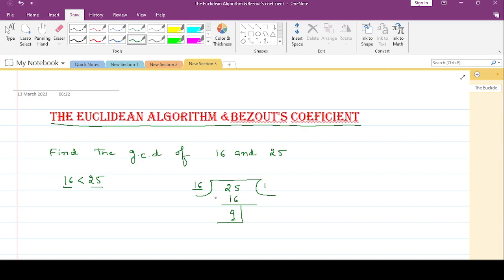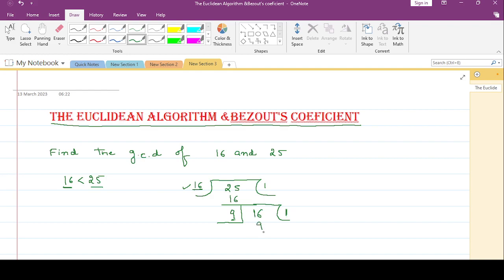Okay, so if this remainder is less than your previous divisor, which is this 16, then the previous divisor becomes dividend next time, and this remainder becomes divisor this time. Okay, so 9 ones are 9.